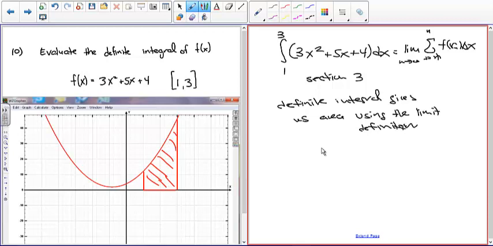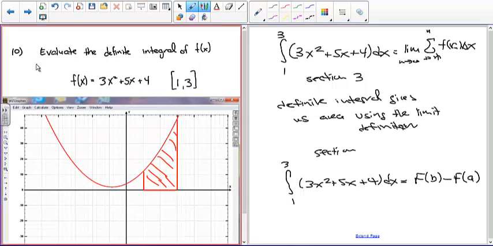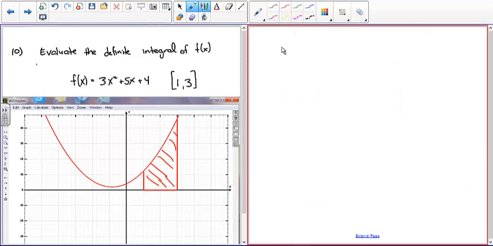And what Section 4 said was that instead of using the limit definition to find the area, you can take the antiderivative of the function and evaluate it at b minus the antiderivative at a. So it's still the area. When they're asking for the definite integral here, they're basically saying use the fundamental theorem of calculus, because we're in Section 4 now. That's just a little subtle thing.